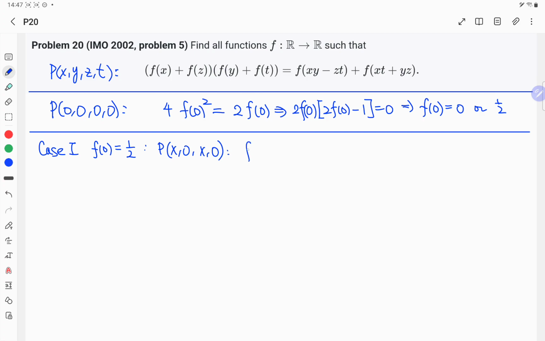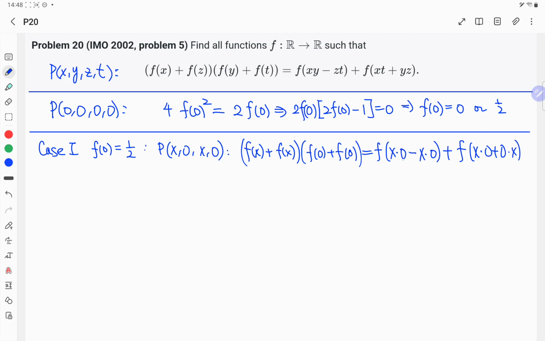So we will have f(x) plus f(z), which is also f(x), and then times, since y and t are all 0, f(0) plus f(0). And on the right side, it is actually f(x times 0 minus x times 0) plus f(x times 0 plus 0 times x).